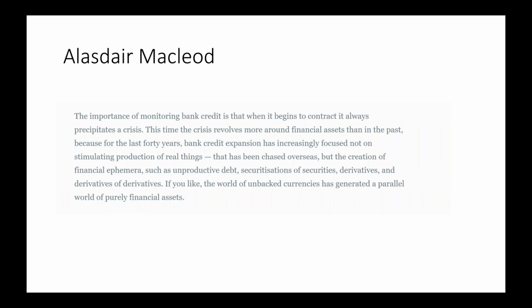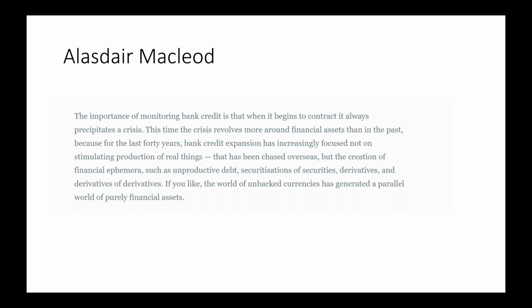Macleod points out that when you monitor bank credit and examine it, when bank credit begins to contract, it always causes a crisis, because you go from expanding as a result of currency creation to contracting. Now, Macleod said this time around, the crisis revolves more around financial assets than it has in the past.